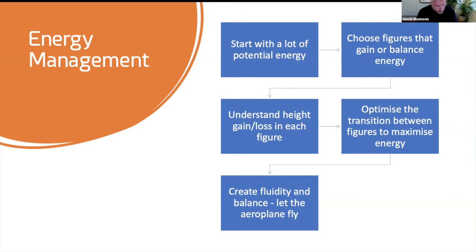Similarly, if you come off the top of a half loop up, let's say, you want to be in a position where you can, in most cases, accelerate straight and level, preferably into wind, to gain energy for your next figure.